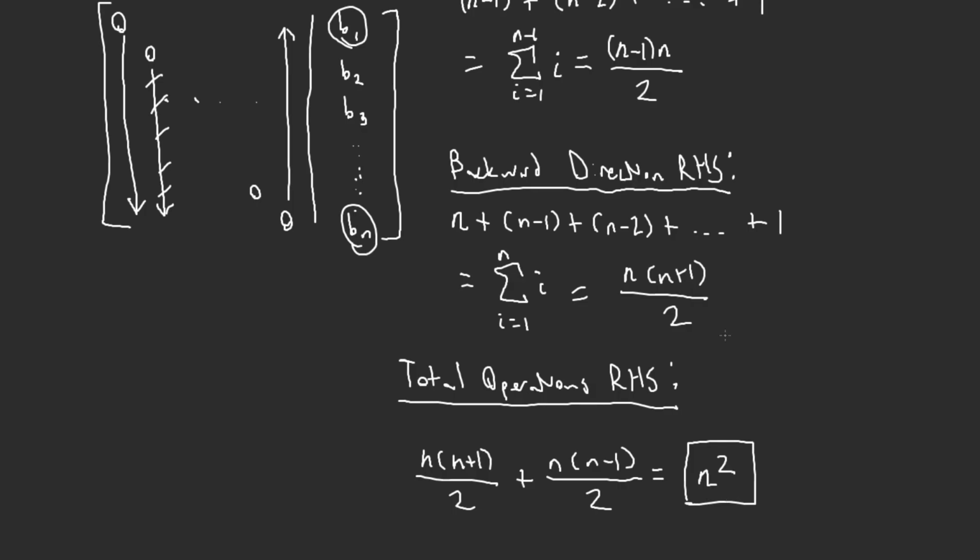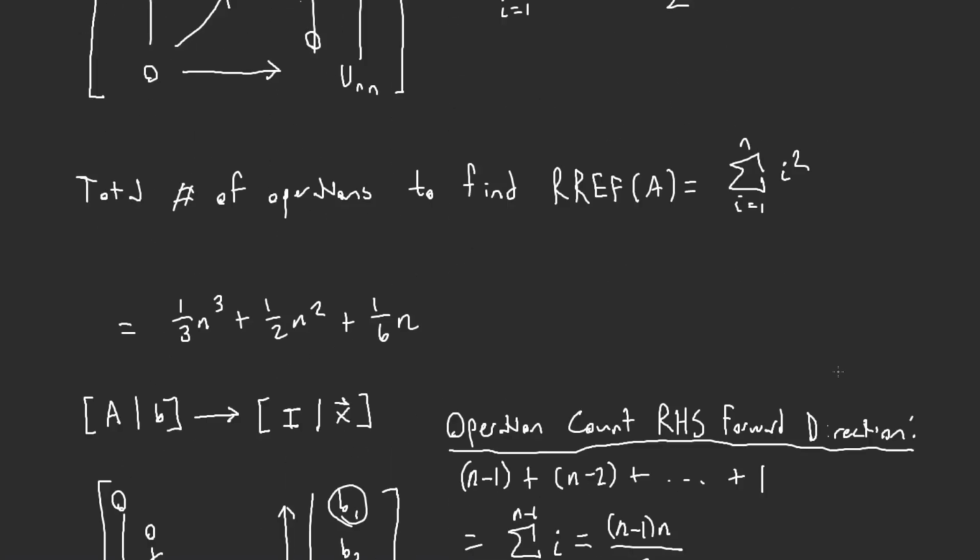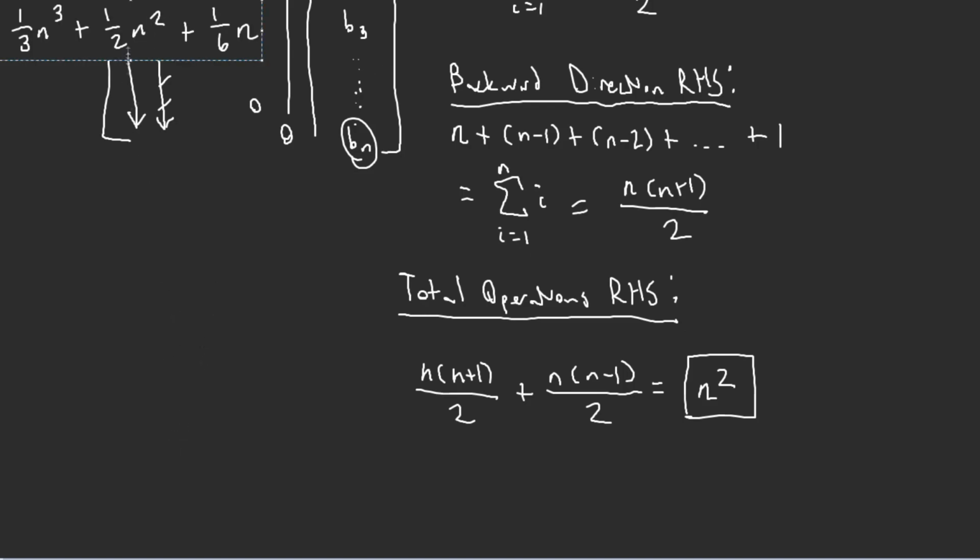So the total number of operations that we expect a computer to have to do in order to solve an arbitrary n by n system of equations is going to be this number of operations on the left, and we add to this n squared for all the operations on the right-hand side. Let's just copy this here, because I don't want to get it wrong when I remember it.